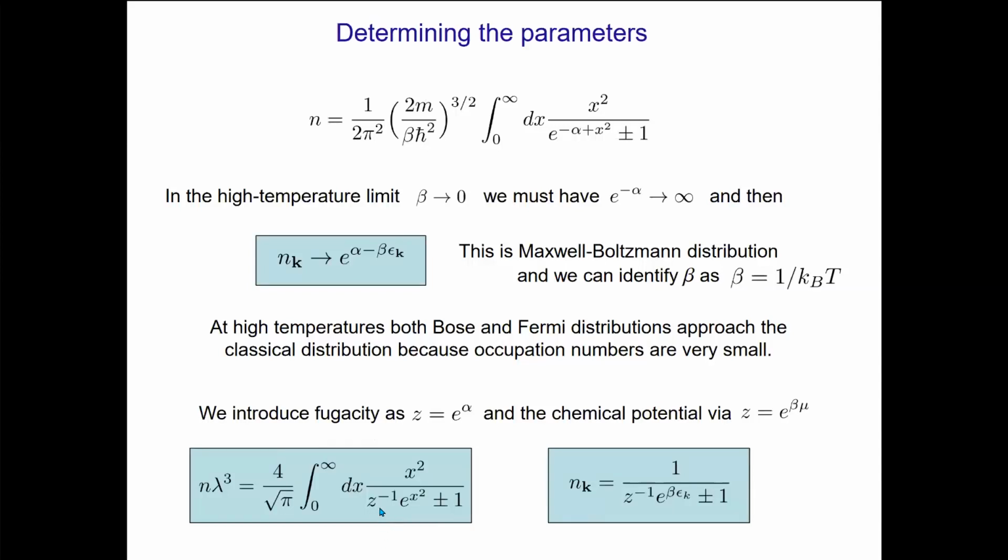Where Z is this fugacity and the occupation numbers for a particular wave vector are given by this expression with +1 for fermions and -1 for bosons.